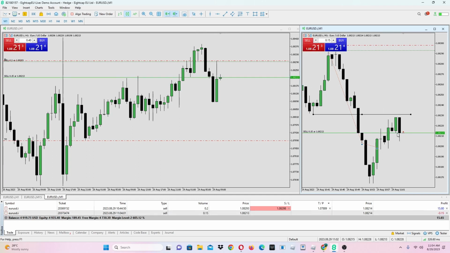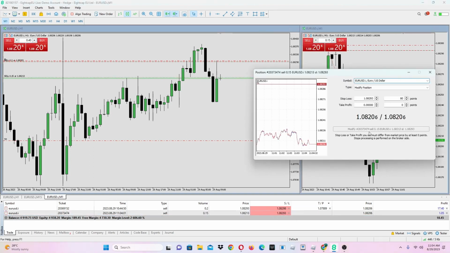Okay, I need to enter right here and my stop loss at my entry. Okay, wait. This is my new lot size.